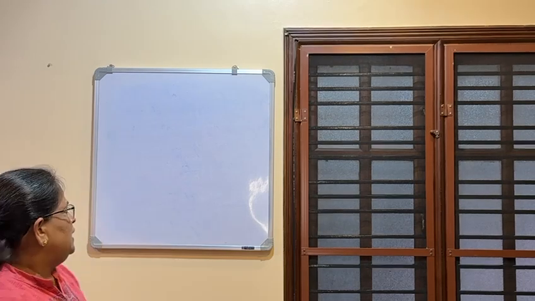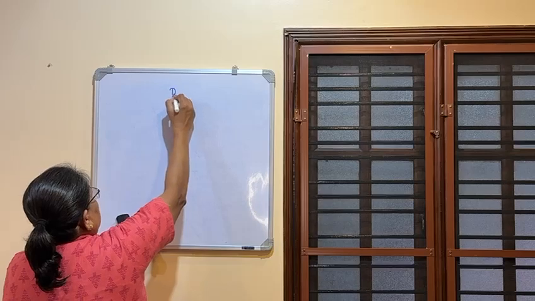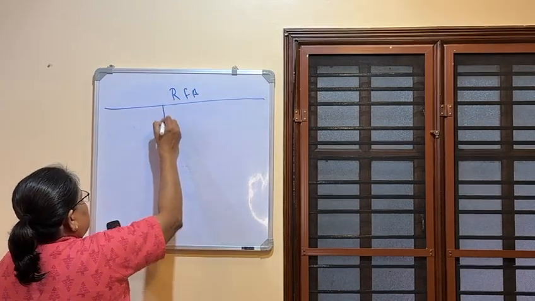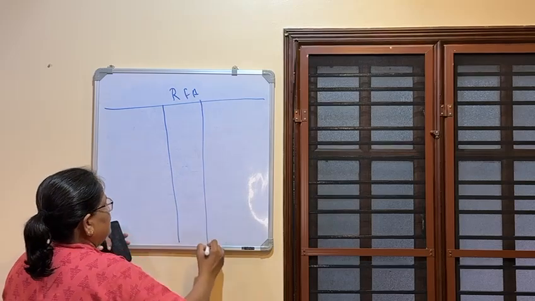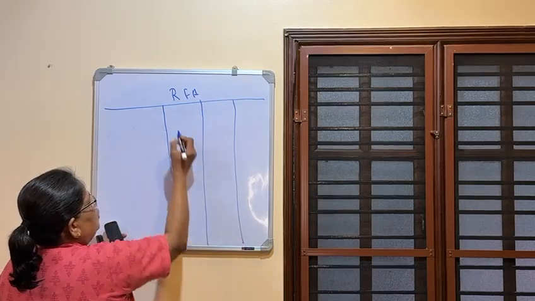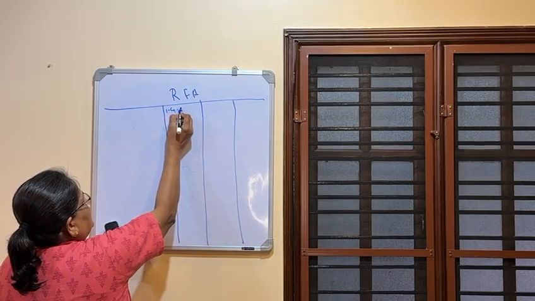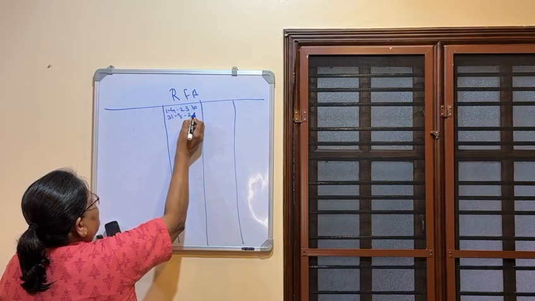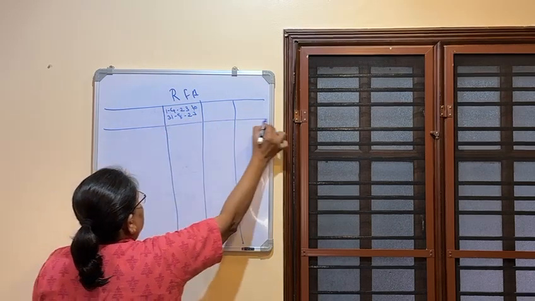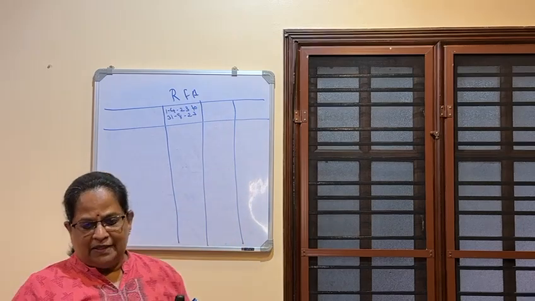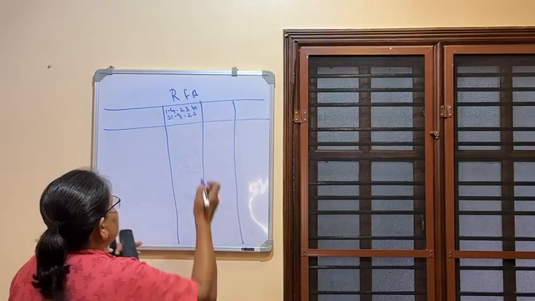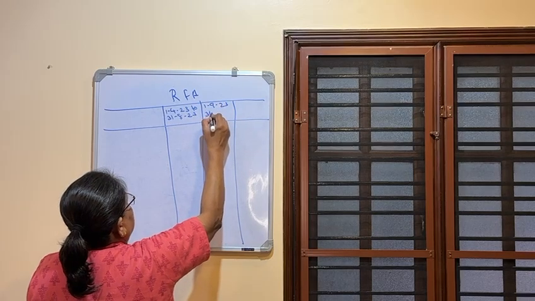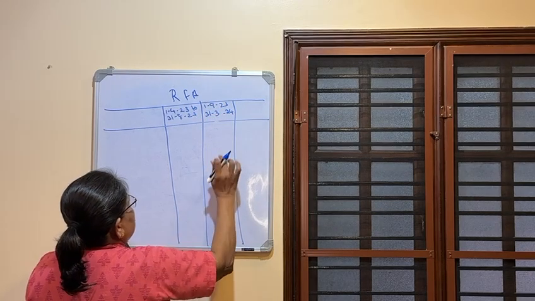Now first thing is RFA computation we have to do. So RFA computation, particulars as per the old scheme. 1/4/23 to 31/8/23, 5 months it will be a different rate, that is 15%, and from 1/9/23 to 31/3/24 it will be 10%.